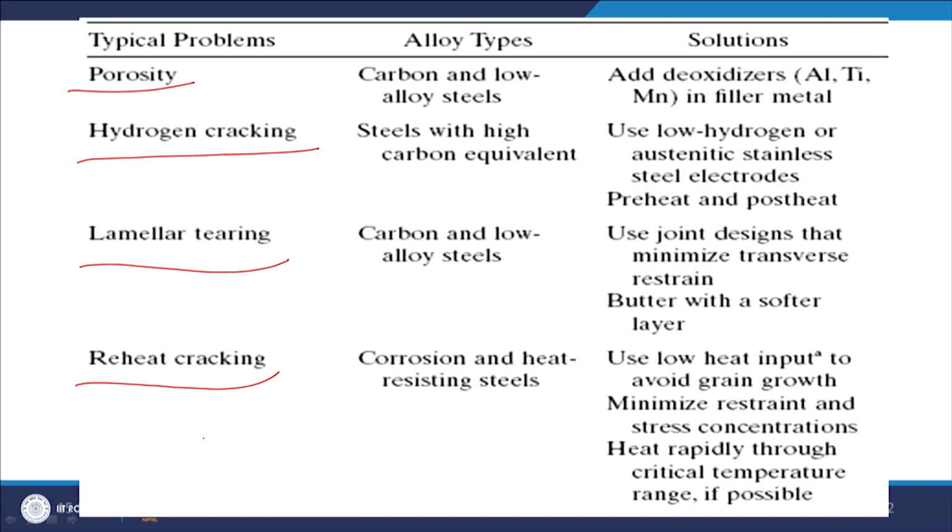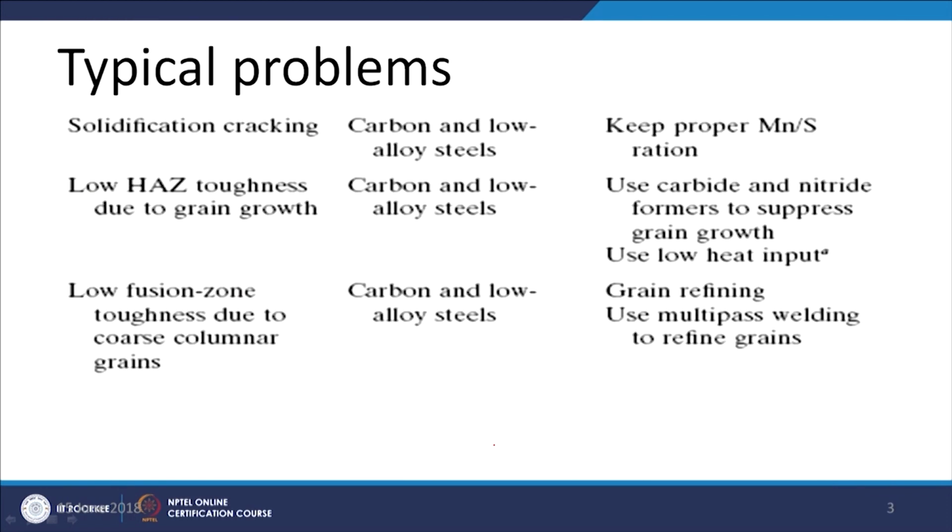In this case, the weld joint is developed, which leads to the formation of some undesirable phases, and when such a joint is again subjected to higher temperature, either during stress relieving or during service, the high temperature exposure leads to the development of cracks, and that in turn reduces the weldability of the metal.